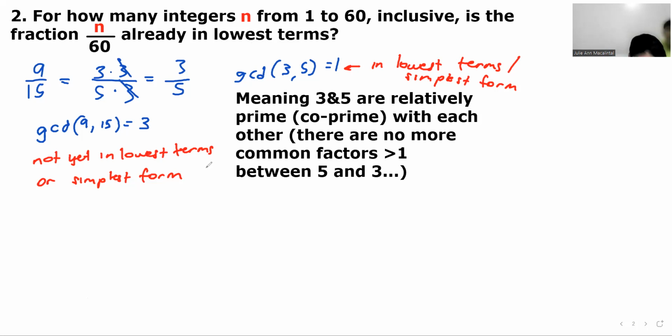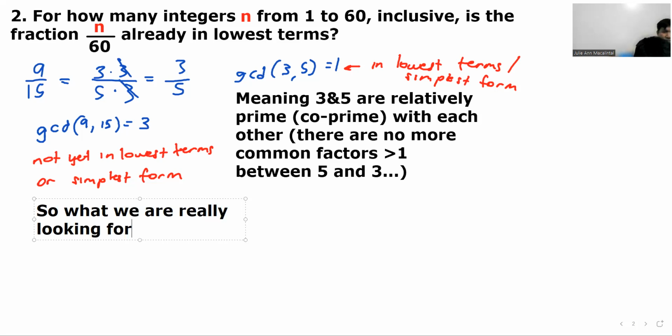Okay, here, you're looking for what? Because you want them in lowest terms, so we're basically looking for what? The GCD of what? It's right.